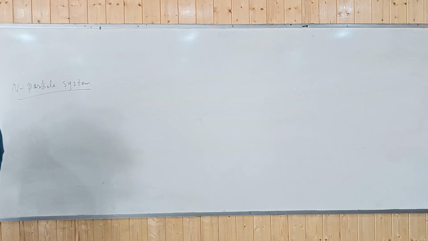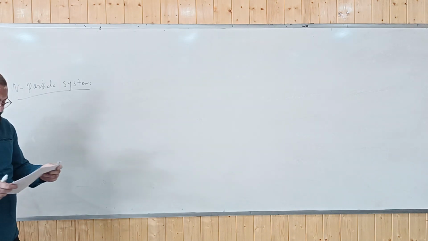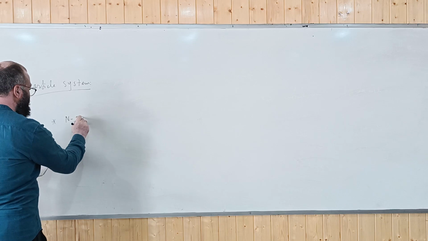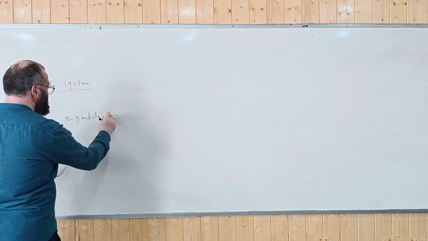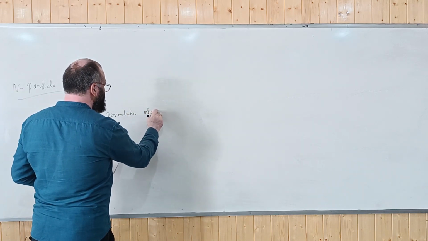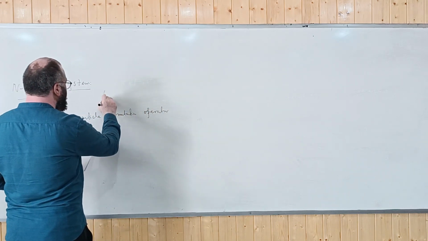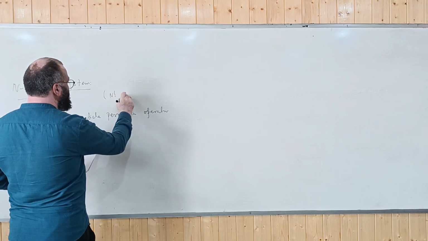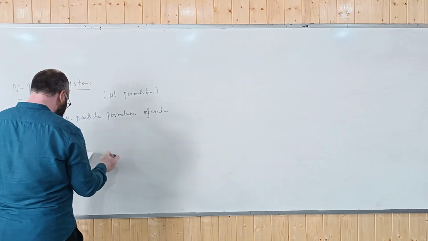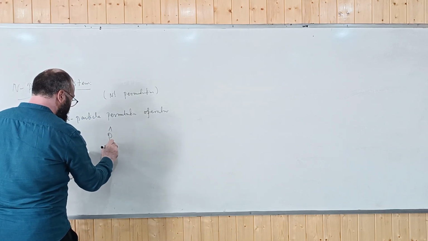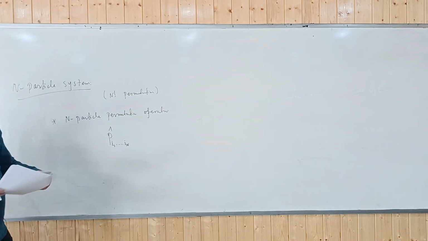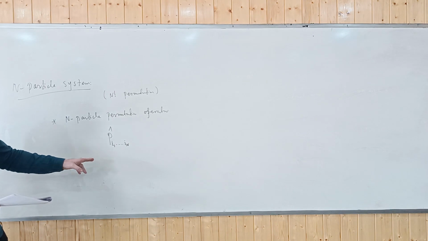Okay, so let me write. Let's consider the n particle permutation operator. There are n factorial permutations. Let me write that as P i1 ... in, where i1 is the first particle, and so on.